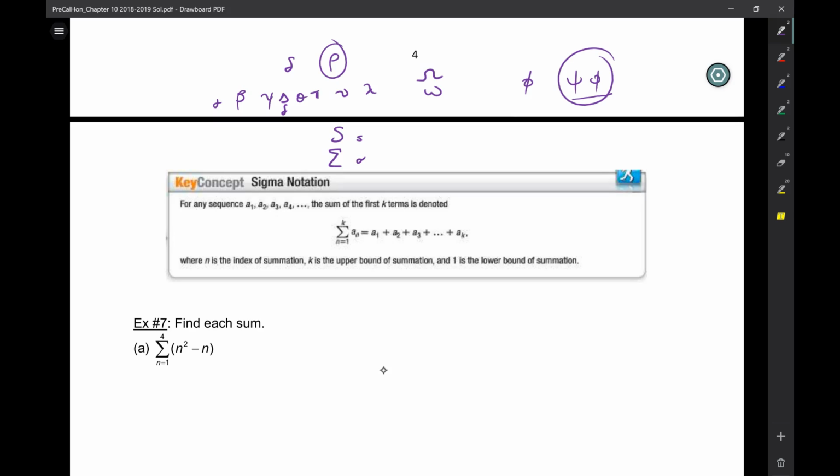Okay, back to sigma. So eventually we run out of English letters. Like X and Y are the variables, and A, B, C are constants or sides of a triangle, and T is time, and capital T is temperature, and so on and so forth.